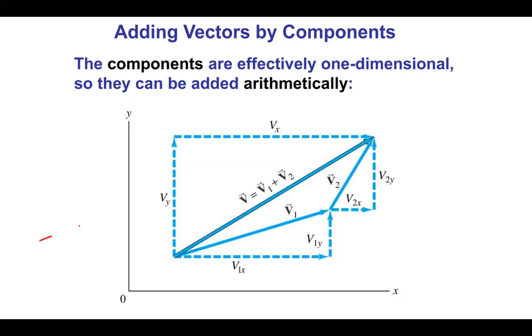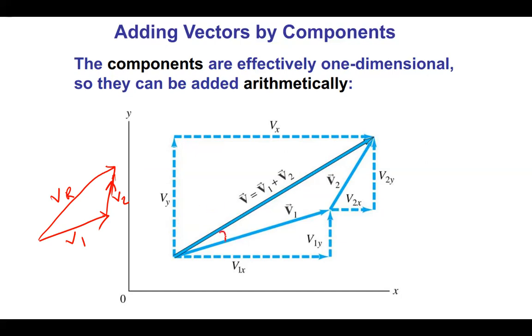So we have this vector, which is V1, and this other vector, which is V2. Now we've been told to find this resultant vector Vr. You don't just use Pythagoras, because Pythagoras in this case will not work. Why?